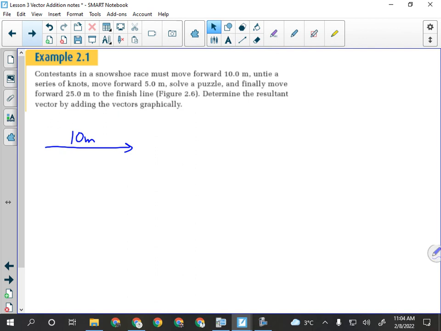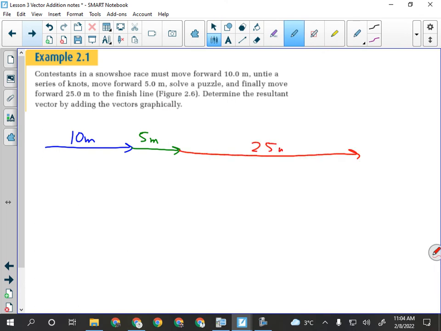10 meters. 5 meters. 25 meters. Did I take the time to measure those lines? Are they at least somewhat to scale?